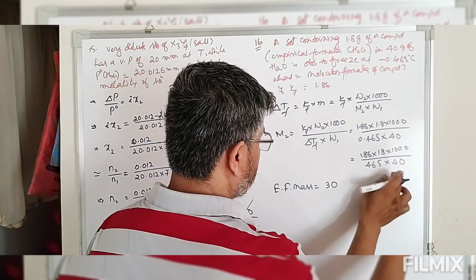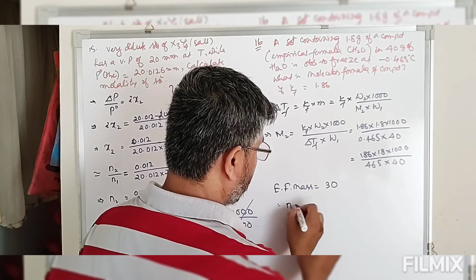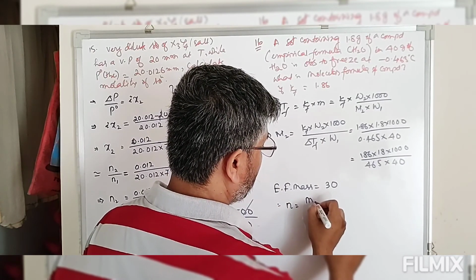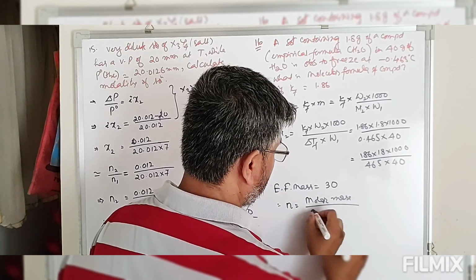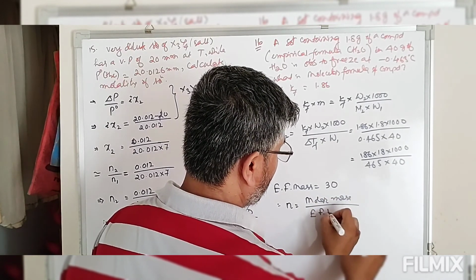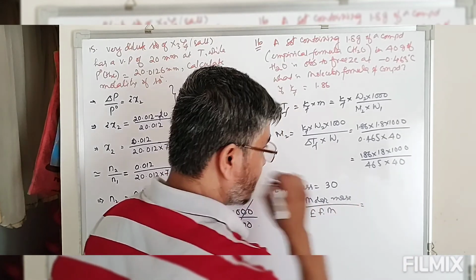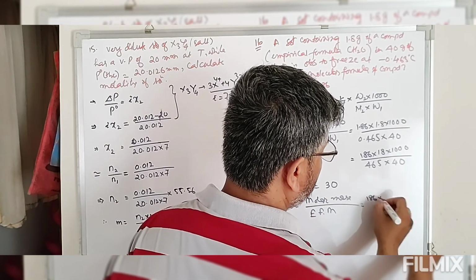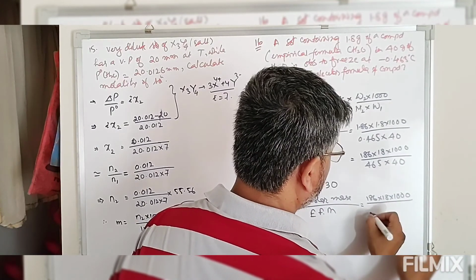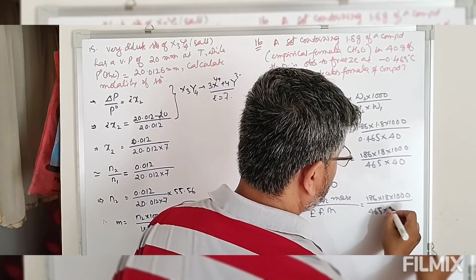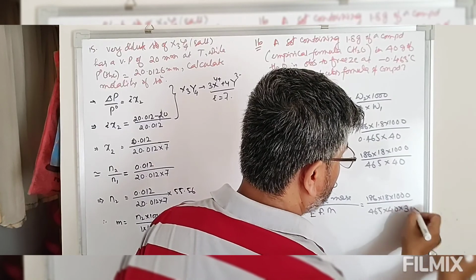We have this molar mass, so therefore N is equal to molar mass divided by empirical formula mass. So the molar mass is 186 into 18 into 1000 divided by 465 into 40, divided by 30.